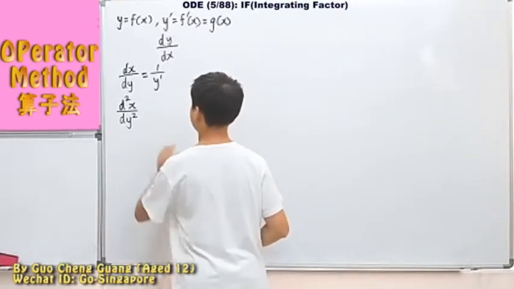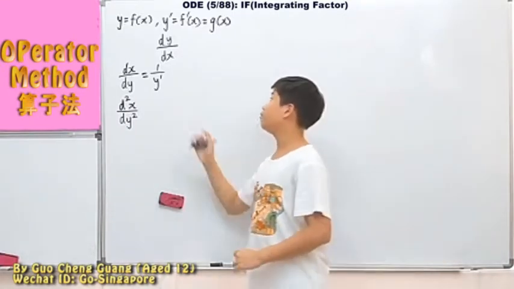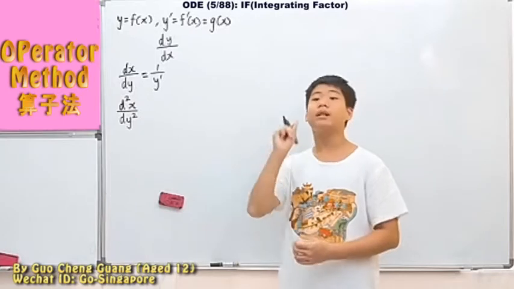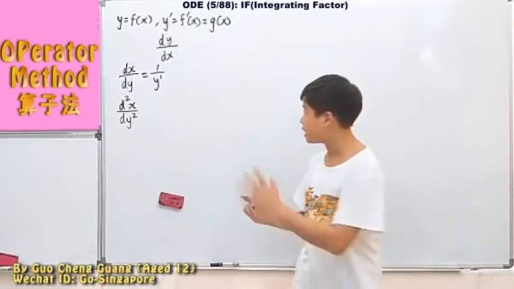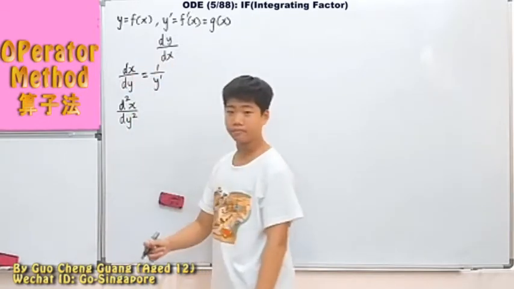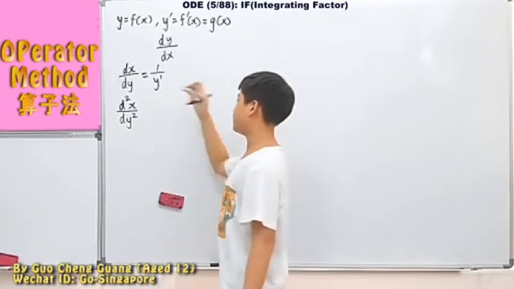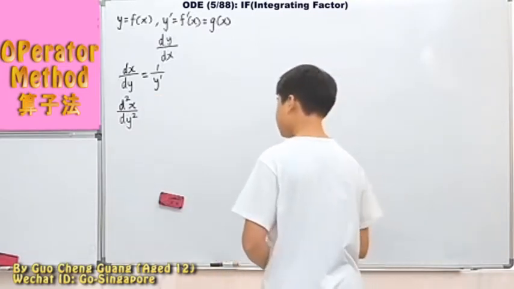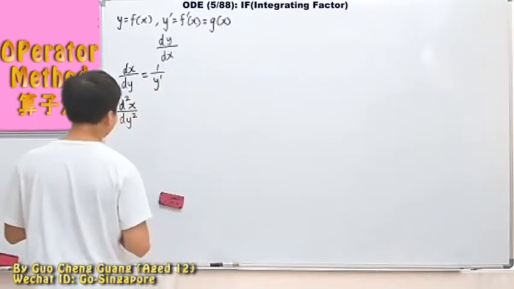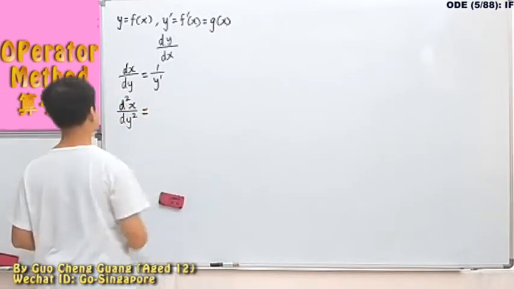If you change it to y prime prime, that will be differentiating two times, but with respect to x. Now that is with respect to x, but we want with respect to y. So that means you can't simply put that part in the denominator. So we do have to think of some other methods to solve this.